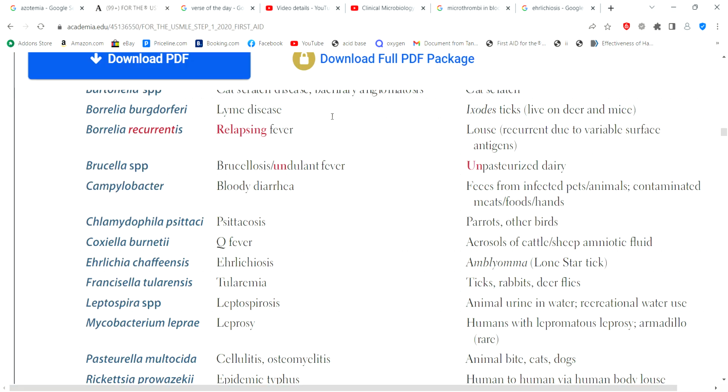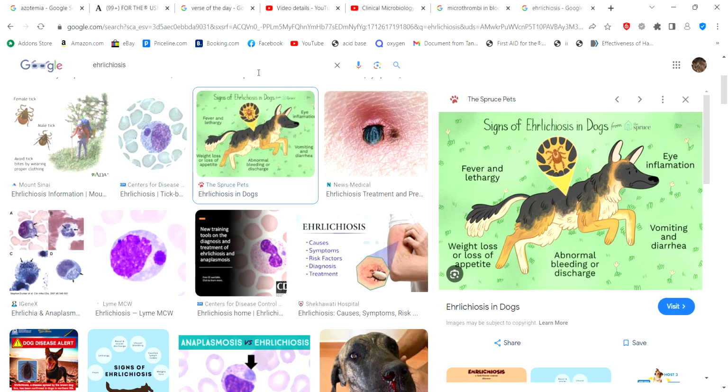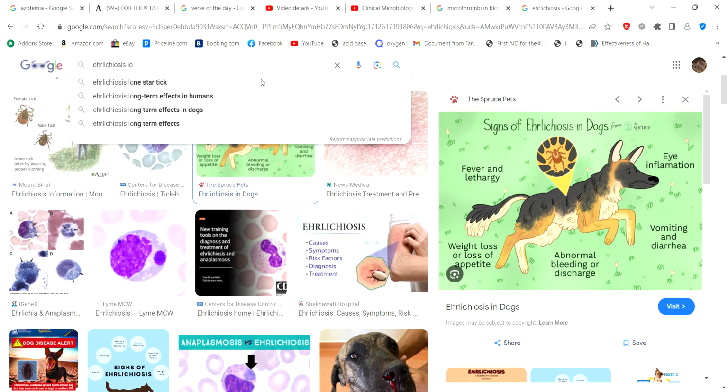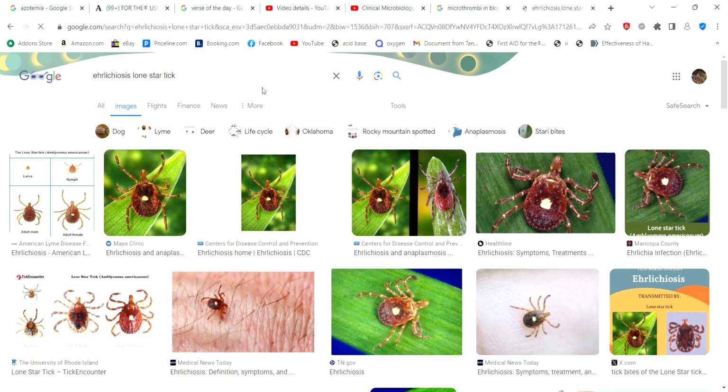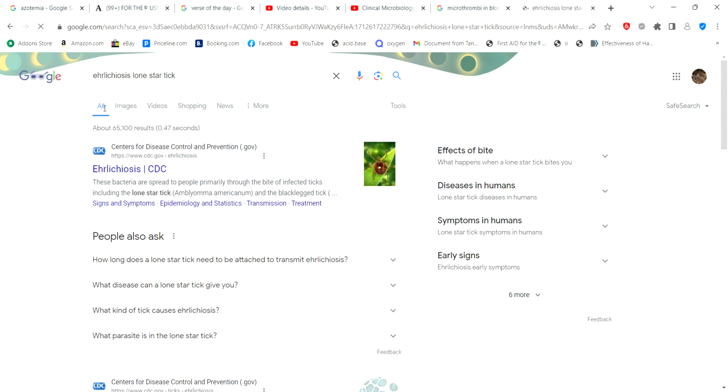Alright. It's caused by the Lone Star tick. What is a Lone Star tick? So this is the tick. It's an eight-legged animal, right here. It causes ehrlichiosis.